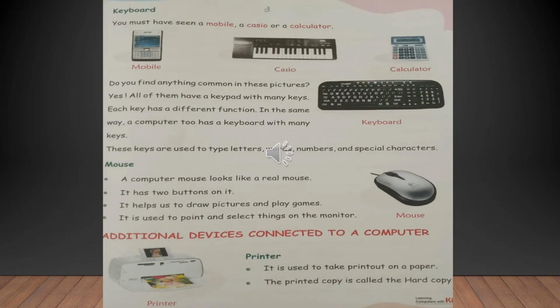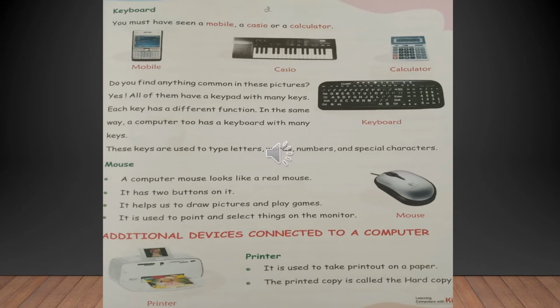Our third topic is keyboard. You must have seen a mobile, a Casio or a calculator. See children, here the figures of a mobile, Casio and calculator are given. Let's read further. Do you find anything common in these pictures? Yes.